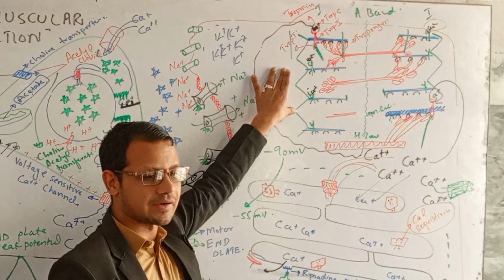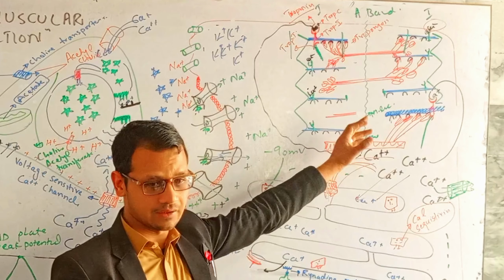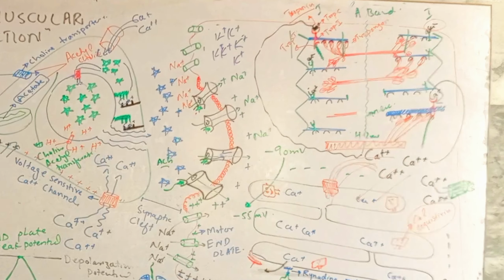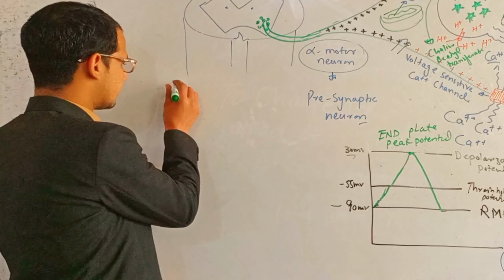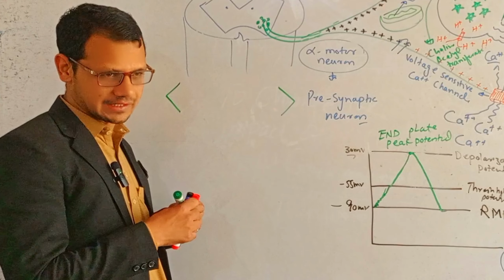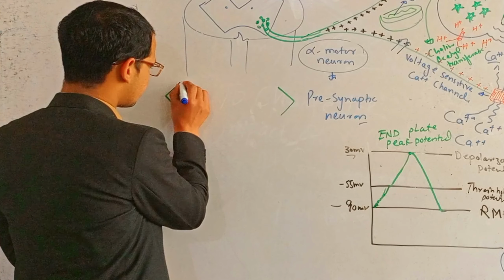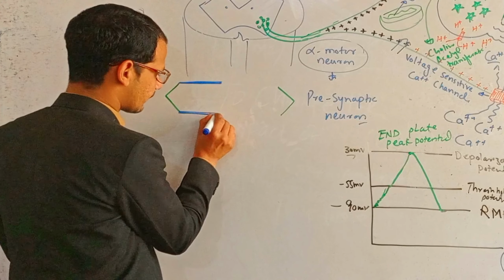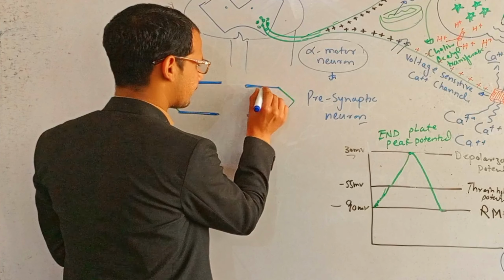How do these muscles contract with the help of calcium, and what changes occur in these zones and bands? We will discuss this in a quick review. For example, this is the Z line, and the Z line is attached to actin proteins.